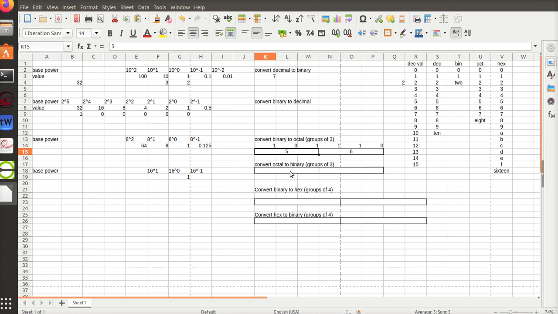What I did is I took these 3 here and I combined them. So 36. Now I'm going the other way. A 6 we know is 1, 1, 0, and a 3 is 0, 1, 1.